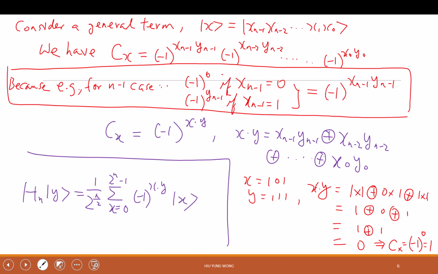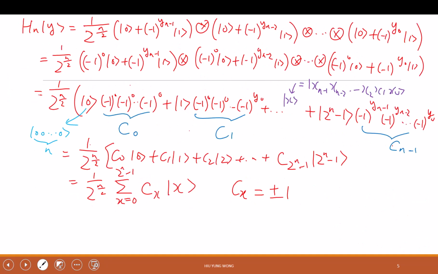So again, it looks like an equal superposition, except that they have a phase of minus 1 to the power x dot y. And this x dot y is defined by this. Basically, it's just like a vector. If you treat x as a vector, right? Because you see this is like a vector.